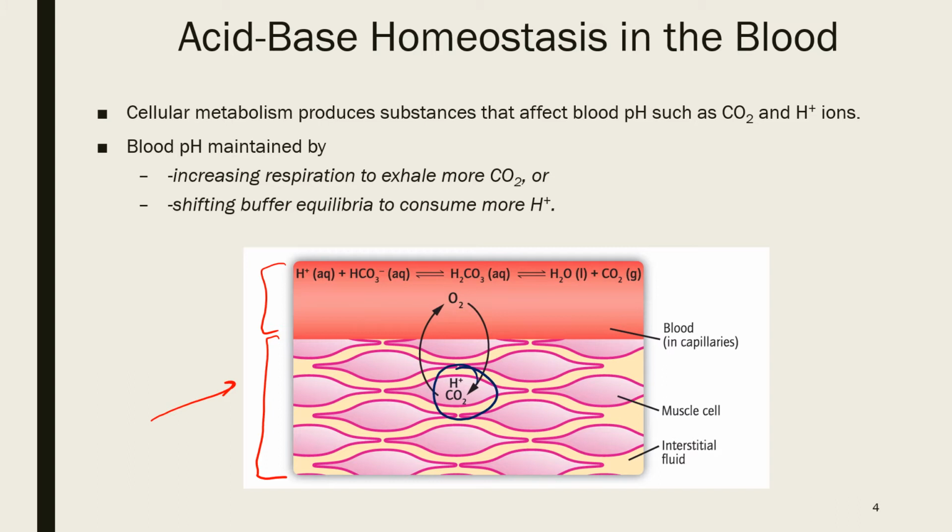These two will dissolve in blood, and they will change the pH, as we know that H positive ion causes the pH to drop. So releasing of these two species into the blood will result in change in pH.